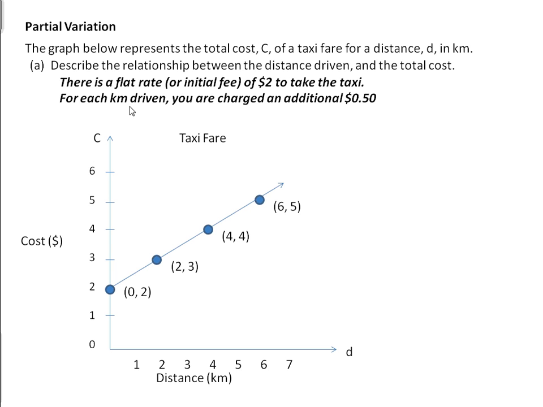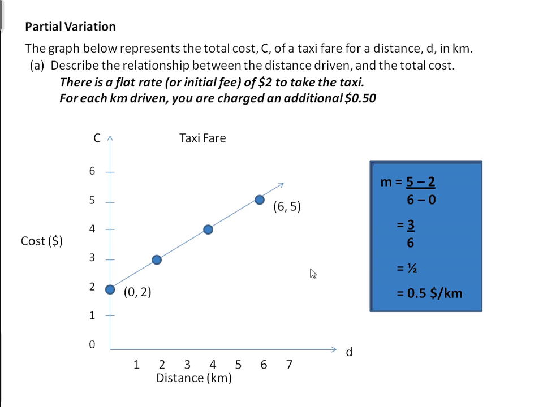For each kilometer driven, you're charged an additional 50 cents. We can see this because as we went up 2 kilometers, we went up $1. Another way that we can figure out this variable cost, or the additional charge per kilometer, is to take two of the points on the line. I arbitrarily chose (6, 5) and (0, 2), and calculate the slope, or the rate of change.